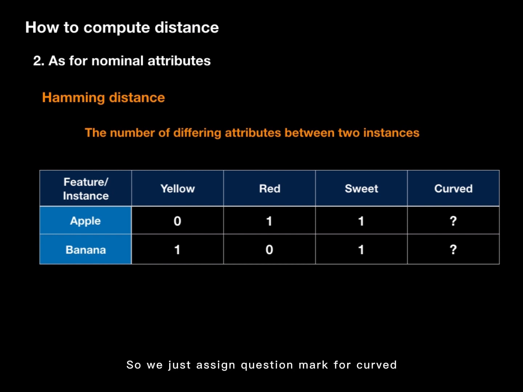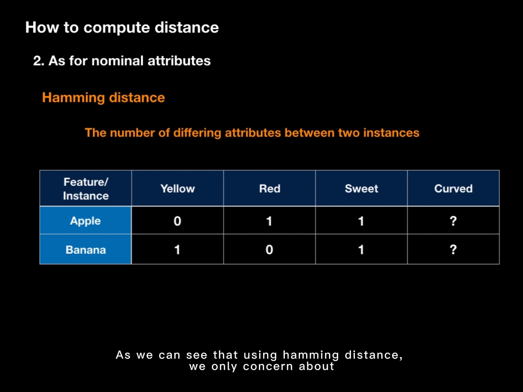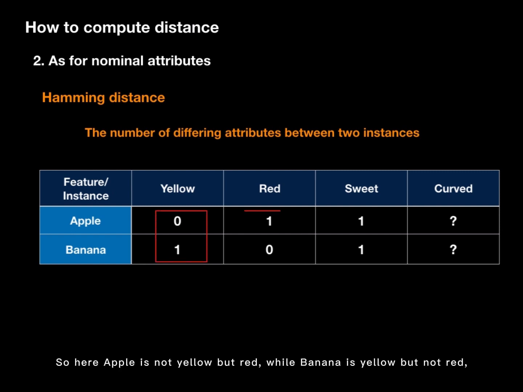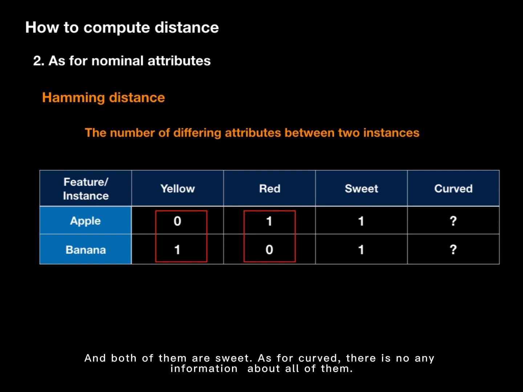So we just assign a question mark for curved. As we can see, using Hamming distance, we only concern ourselves with the number of differing attributes, right? So here, apple is not yellow but red, while banana is yellow but not red, and both of them are sweet.